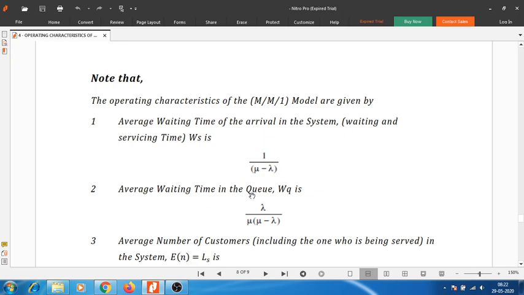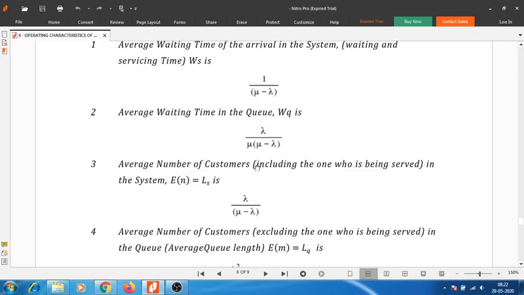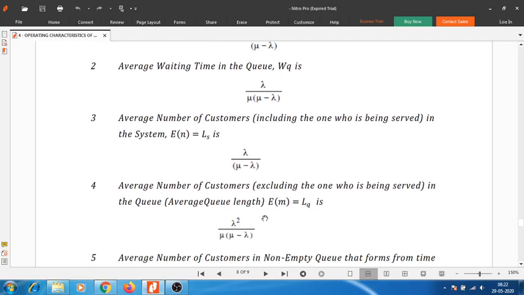The average waiting time in the queue, WQ, is equal to lambda by mu into (mu minus lambda). The average number of customers in the system, LS, is equal to lambda by (mu minus lambda). Similarly, the average number of customers in the queue, LQ, is equal to lambda square by mu into (mu minus lambda). These are enough for our applications.